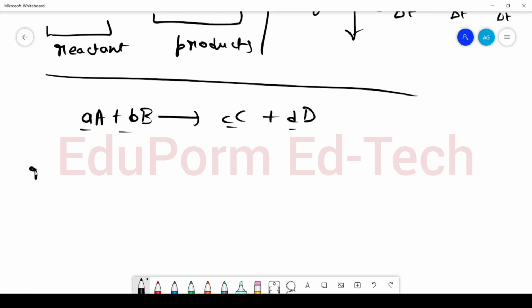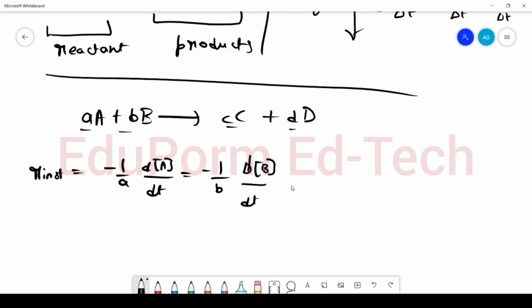So for this case, the R instantaneous will be equal to minus 1 by a del A by del T equal to minus 1 by b of del B upon del T equal to plus 1 by c of del C by del T is equal to plus 1 by d of del D upon del T.